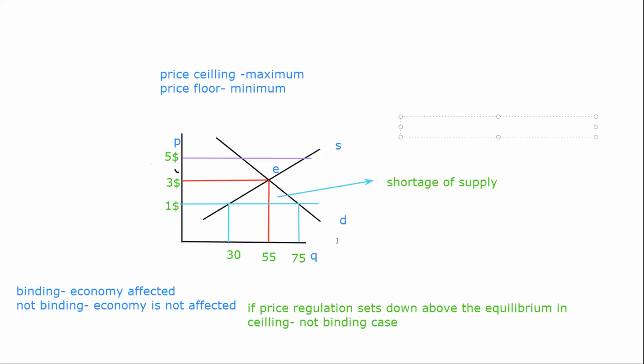That means it will force the suppliers into a shortage because they will not be willing to supply the product for less than $1. So they will supply only 30 units at $1. That will create a big queue by the demand.